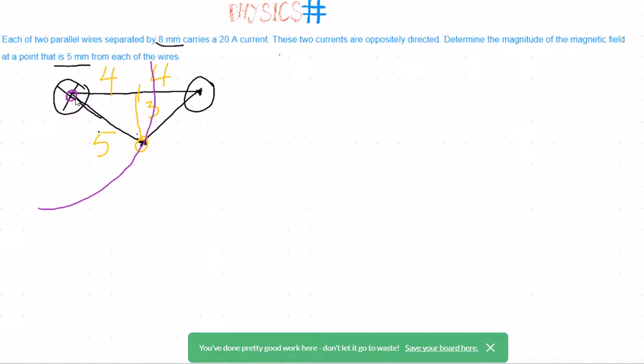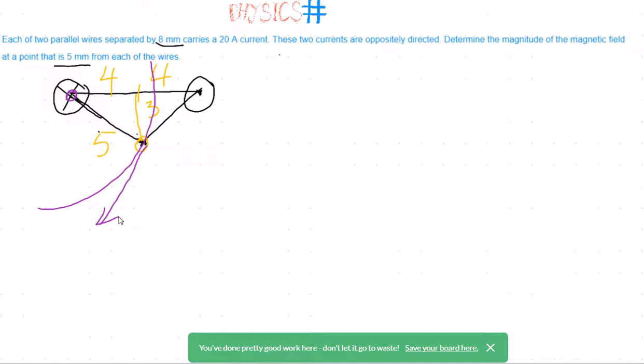So the direction of the magnetic field for this current going into the page is going to be exactly 90 degrees, perpendicular to the radius path, and it is going to be directed in this direction. So this purple arrow that I just drew is going to be the magnetic field due to the current that is going into the page.